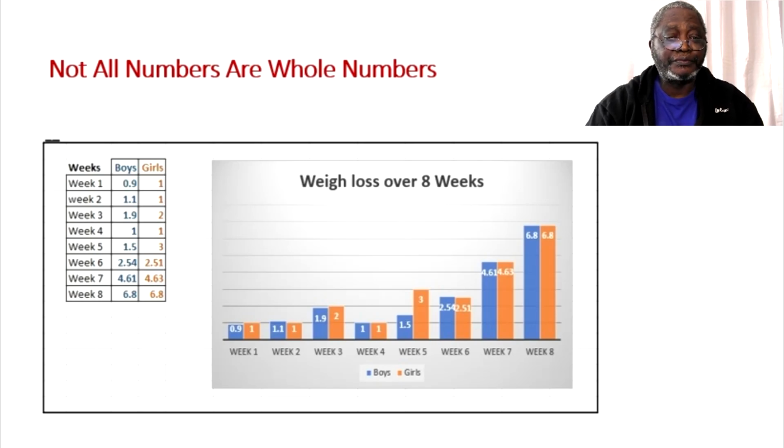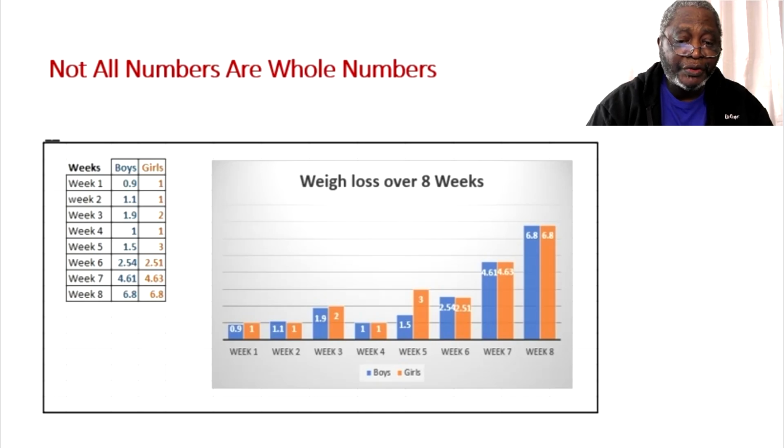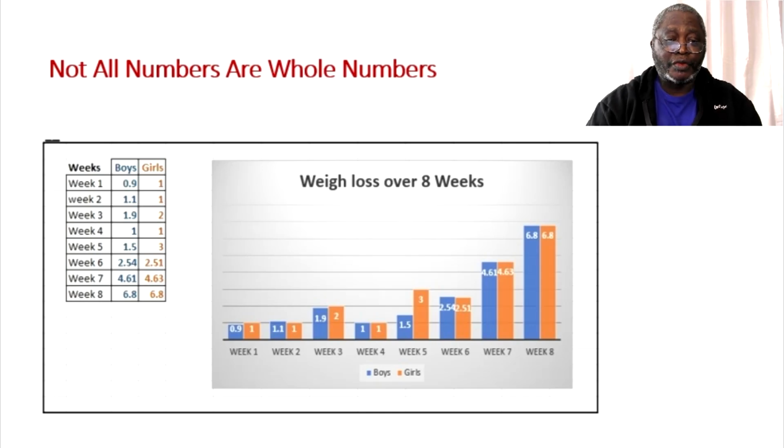For example, 0.9 and 1, it's almost like they're the same height, but they're not. If you look closely, you'll see a little gap between the line, the horizontal line, and 0.9 compared to 1 in the graph.